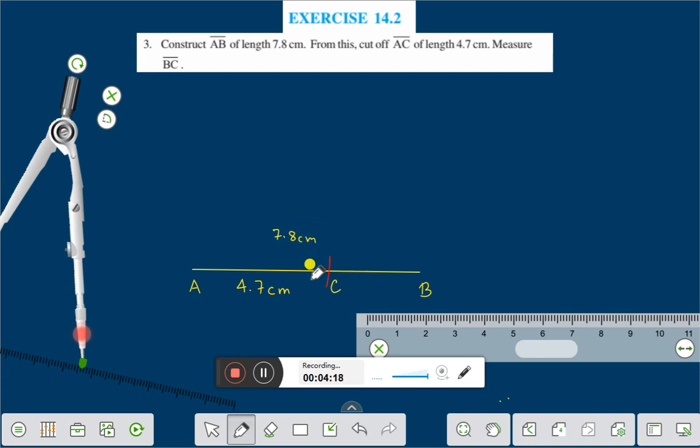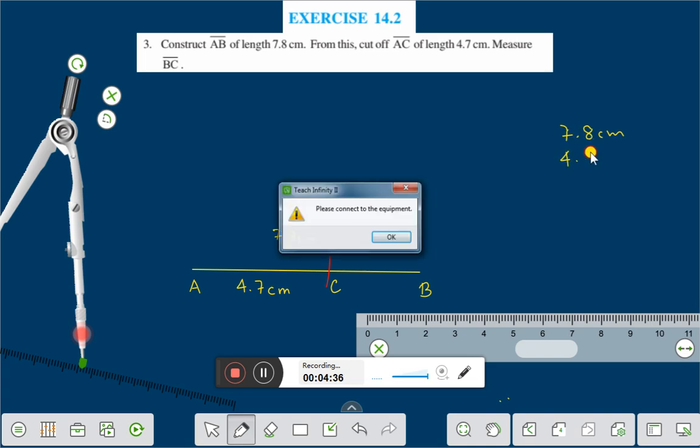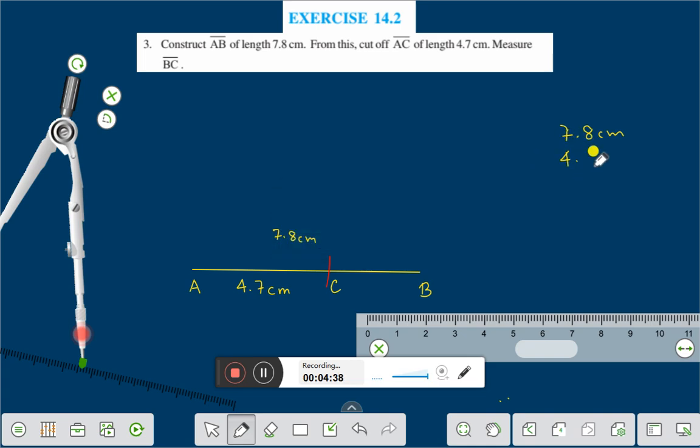Now measure length BC. Total length is 7.8 centimeter, and AC is 4.7 centimeter.